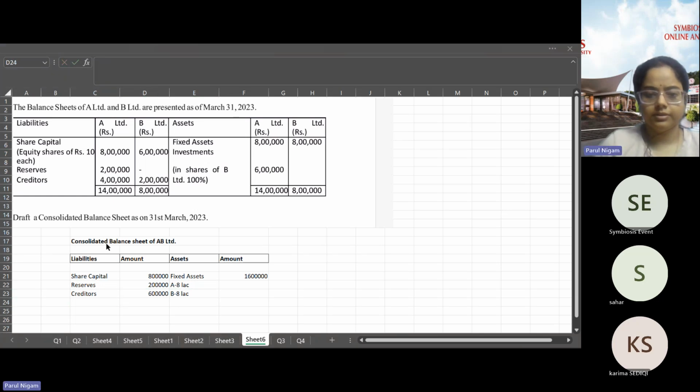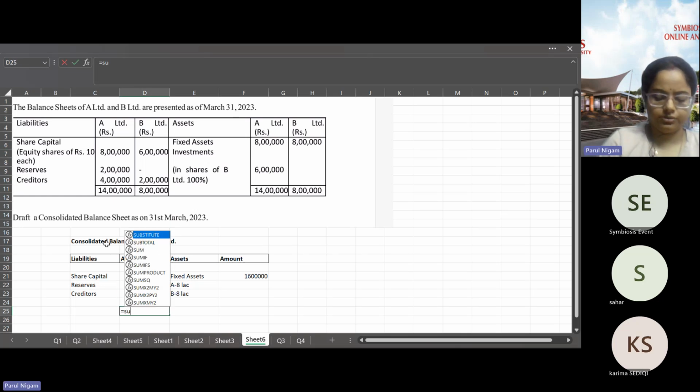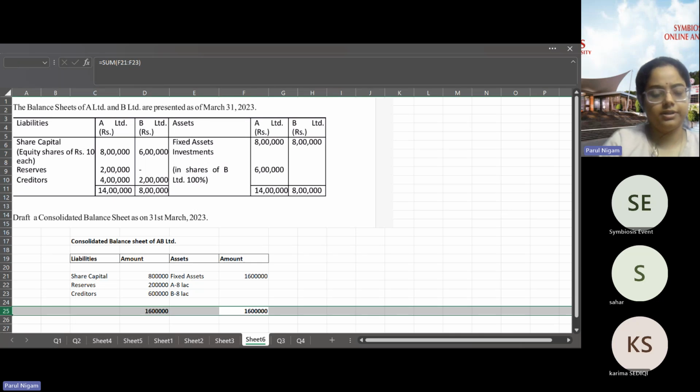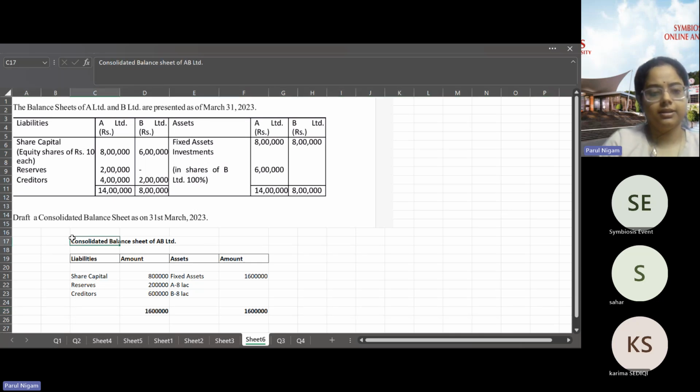You can see the total will come out to 8 plus 2 plus 6, that will come out to 16 lakh. Absolutely right. So this is your consolidated balance sheet of AB Limited. Is it clear? Simple? Is it clear, everyone?